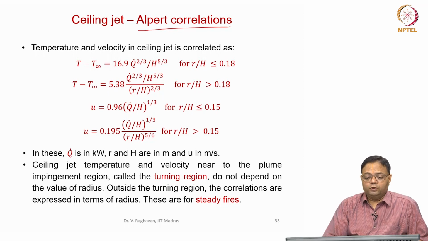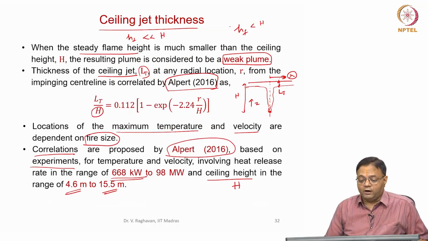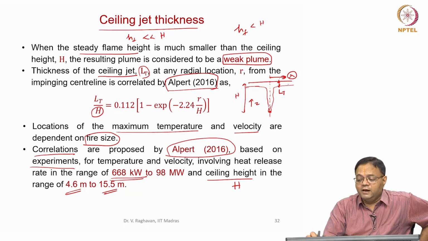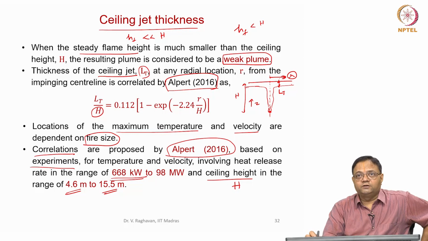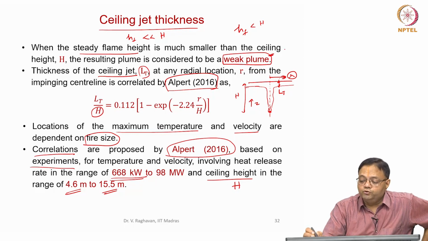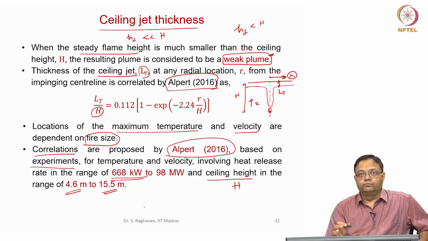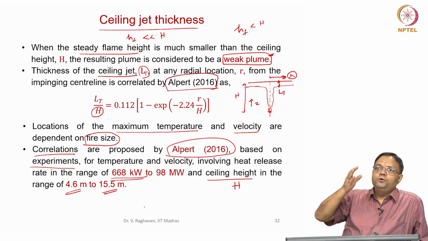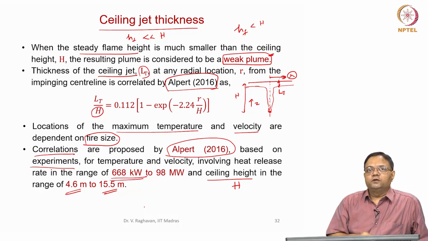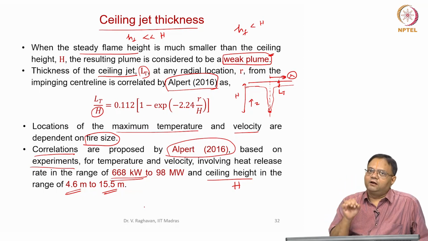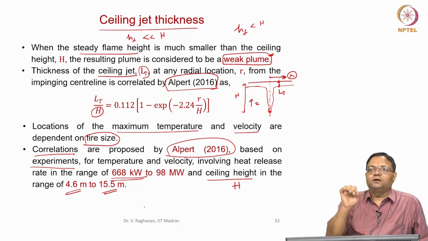Before going to that, we have to understand that this ceiling jet can be steady or unsteady. Now we have some solutions given for weak plume as well as strong plumes. So if there is a steady or unsteady case, at a particular time instant there will be a heat release rate. Based upon that, we have to apply the correlations.